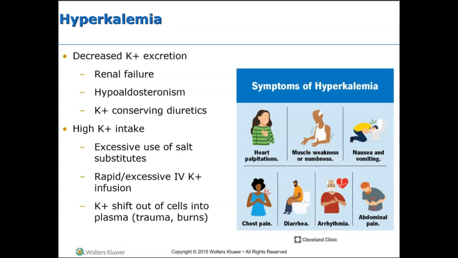We've got tons of cell destruction. So of course the potassium is going to shift out of the cells and into the plasma itself, which is where the blood is being drawn, right? From the plasma. That's where the labs are being drawn. The electrolyte levels are coming from the plasma, right?